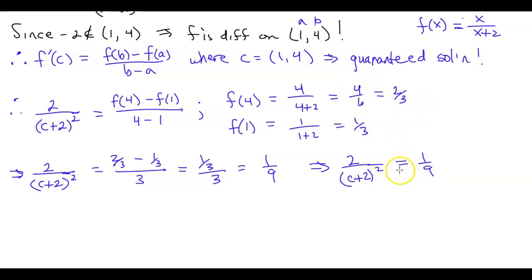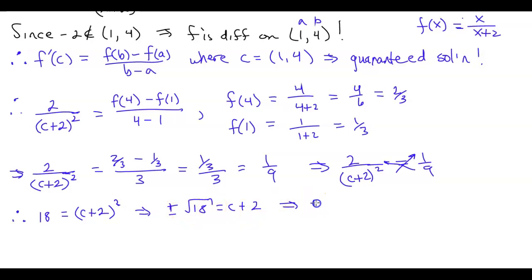We can do some cross multiplication here, a quick and dirty way. If we do that, then we'll have 18 is equal to (c plus 2) quantity squared. If we take the principal root of both sides, this will be plus or minus the square root of 18 is equal to c plus 2.